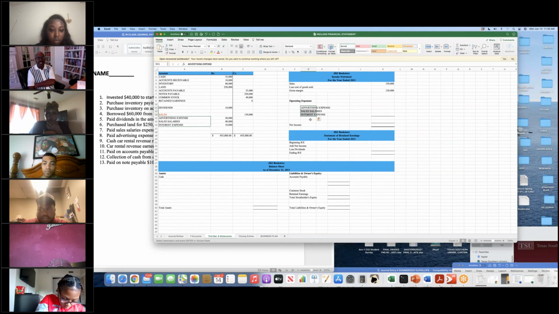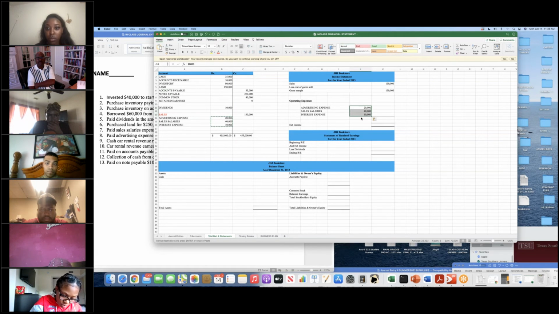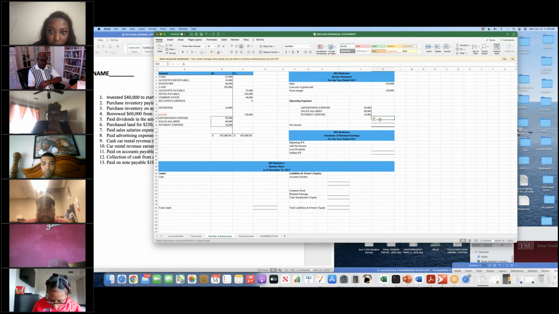So those are the 3 expenses. Then we come and get the amounts. Then we want a subtotal here.